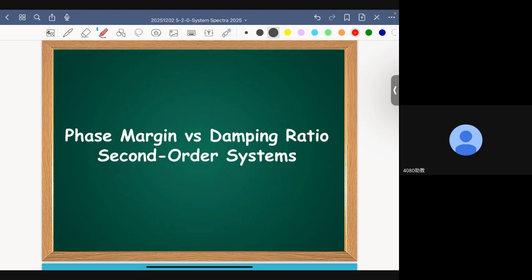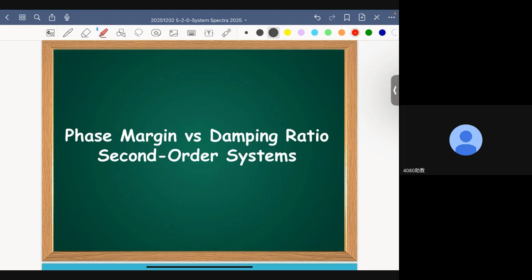In the previous lecture, we introduced phase margin and gain margin to help us understand more about the impact of phase margin on the performance of the system, and in particular stability, or more specifically relative stability.